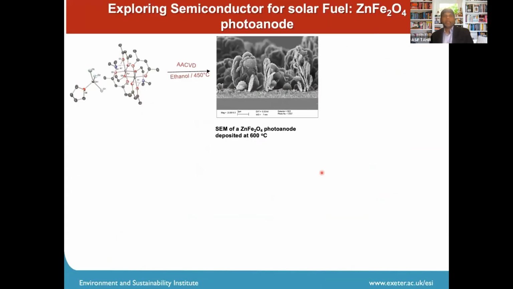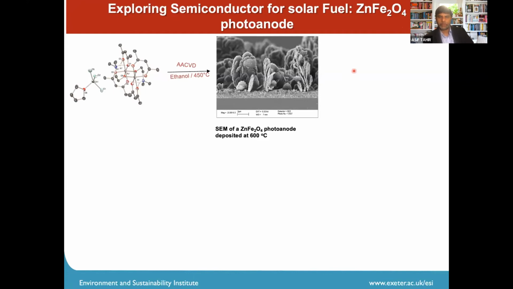And as I said in the beginning, currently we are exploring metal ferrites as potential materials because of their ability to act as P-type materials or photocathodes, as well as N-type materials to act as photoanodes in the photoelectrochemical water splitting reaction.